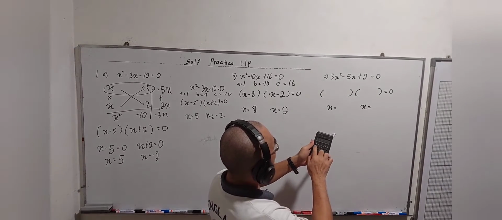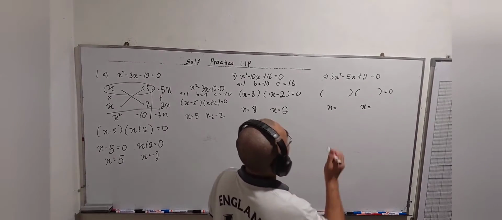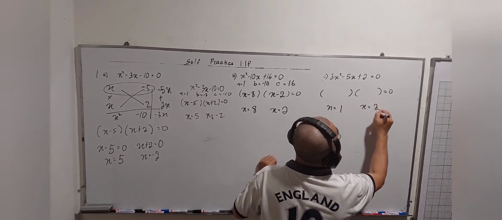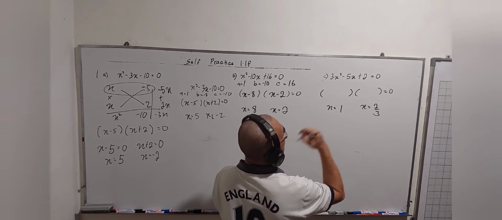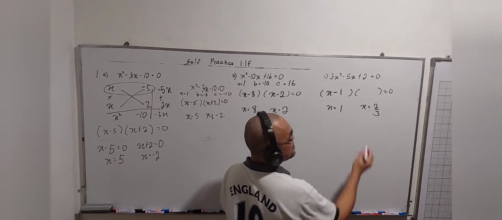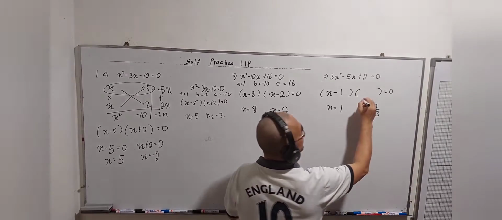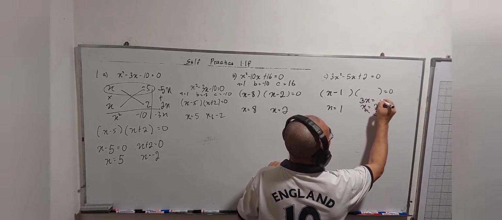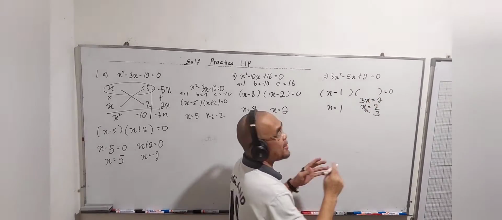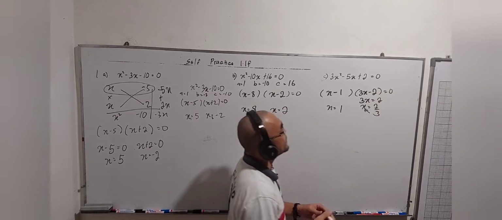You just press Shift ABC, then you get 2 over 3. So 1 and 2 over 3. The factorization will be x minus 1. If the value is a fraction, you have to multiply first. You get 3x equals 2. So inside the bracket, it should be 3x minus 2.